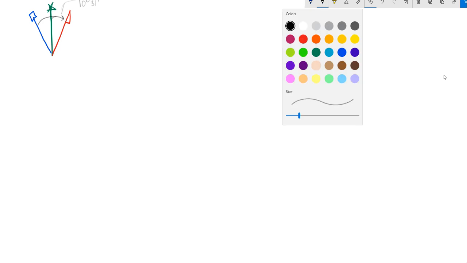Okay, so that's what that one is. Then the angle between the true north and the grid north is the convergence angle. And let's say that one is 2 degrees 32 minutes. And so that's what would be given there.